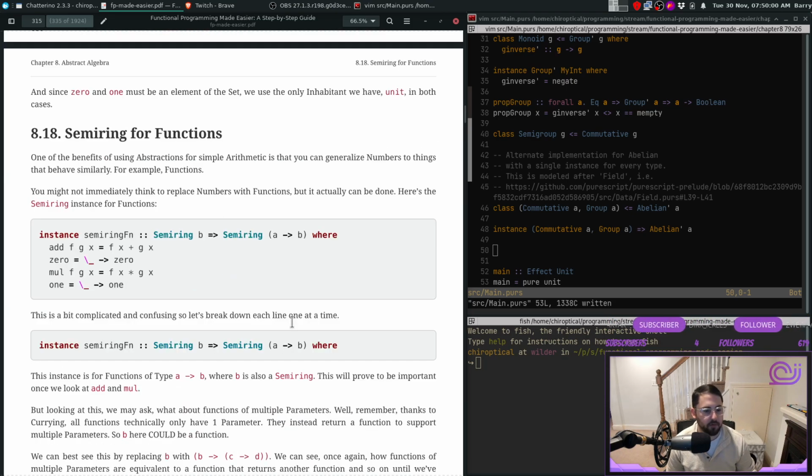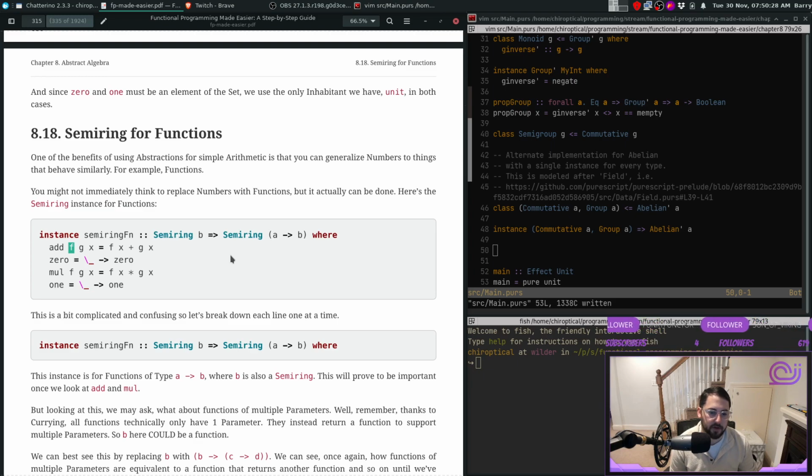All right, semi-ring for functions. Interesting. Okay, so if you have a semi-ring B and a semi-ring A to B, we can add these two things together. So what's F? It's got to be some function.